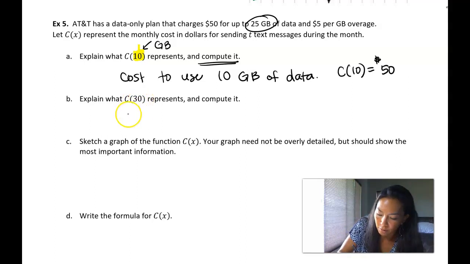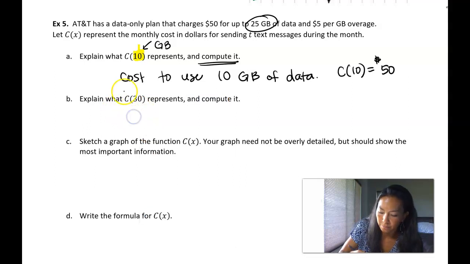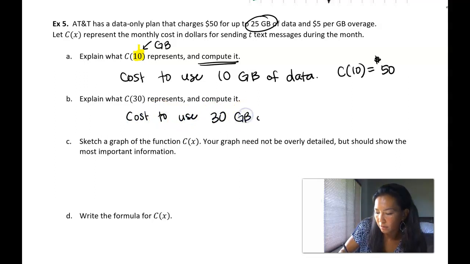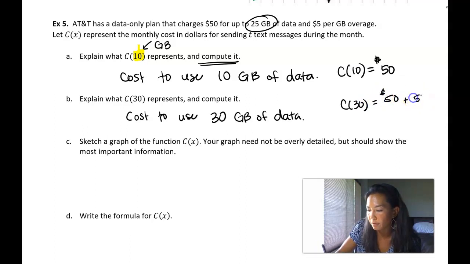So C of 30 would be the cost to use 30 gigabytes of data. So C of 30 is really that $50 plus the $5 over, right?